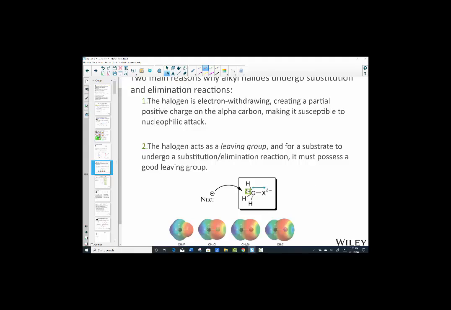Just thinking about this structure here, an alkyl halide, based on the electronegativity difference to some halogen, the bond itself is very polar, and the inductive effect is taking the electron density away from the carbon and pulling it to the halogen region.